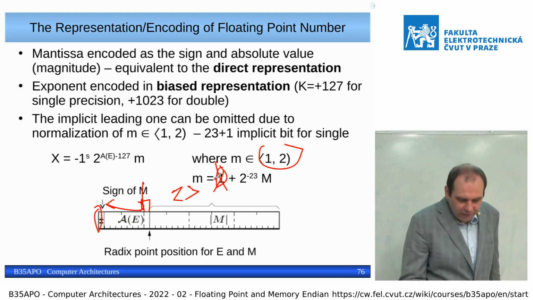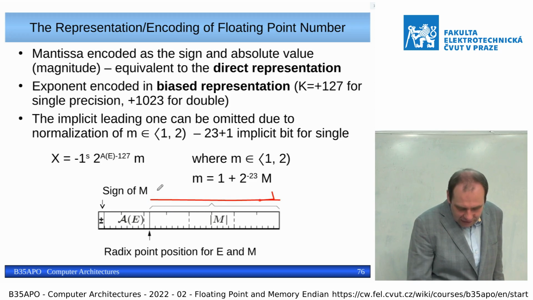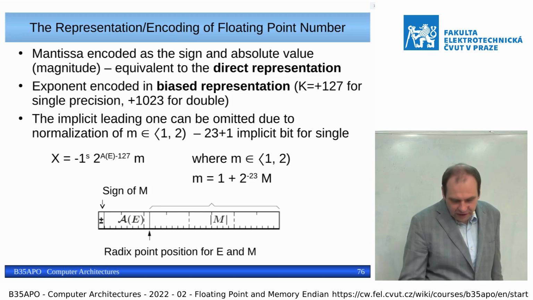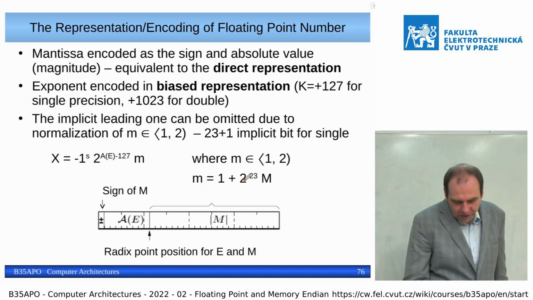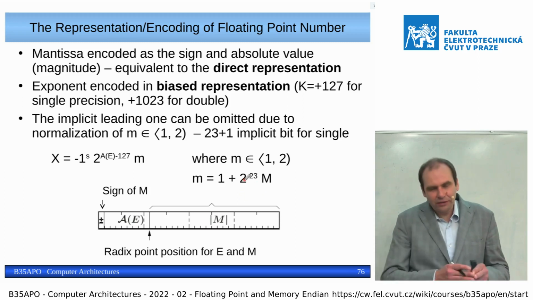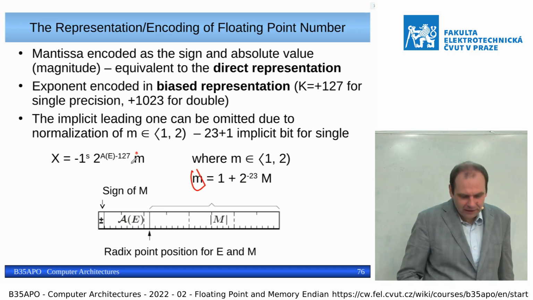We can look at the mantissa as a 23-bit unsigned number M, capital M, which we divide by 2 power 23, so that it is those fractions. Then we add the 1, and we get the small m mantissa.